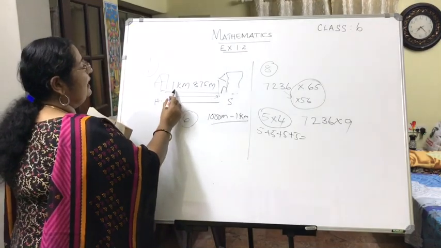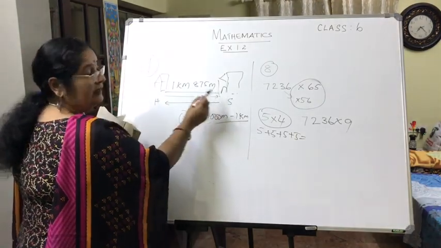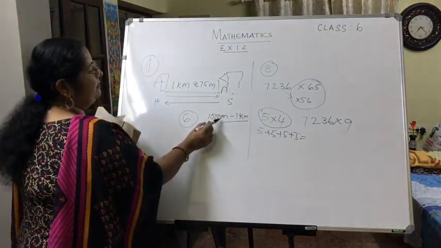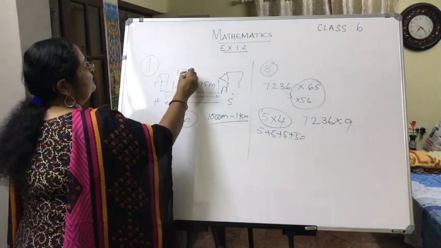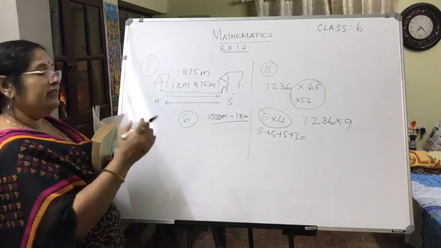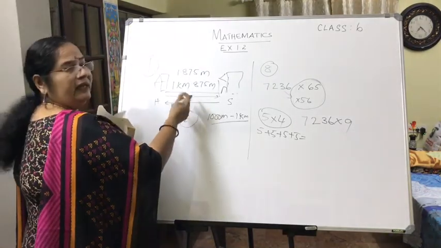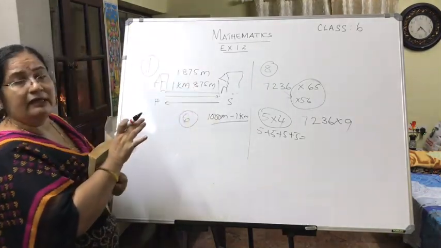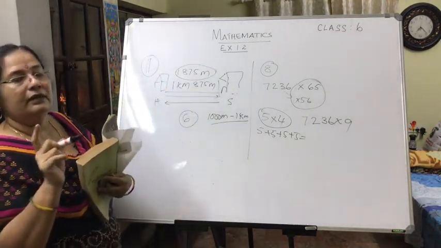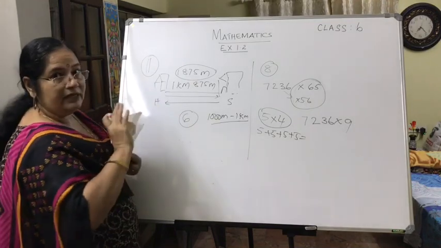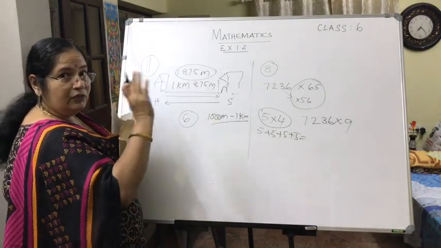So what is the actual distance in meters here? 1 kilometer means 1000 meters. 1000 plus 875, 1875 meters. See, if you find it difficult to add or multiply keeping two units together, you can go for changing it into one single unit. So 1875 meters she is going from home to school.